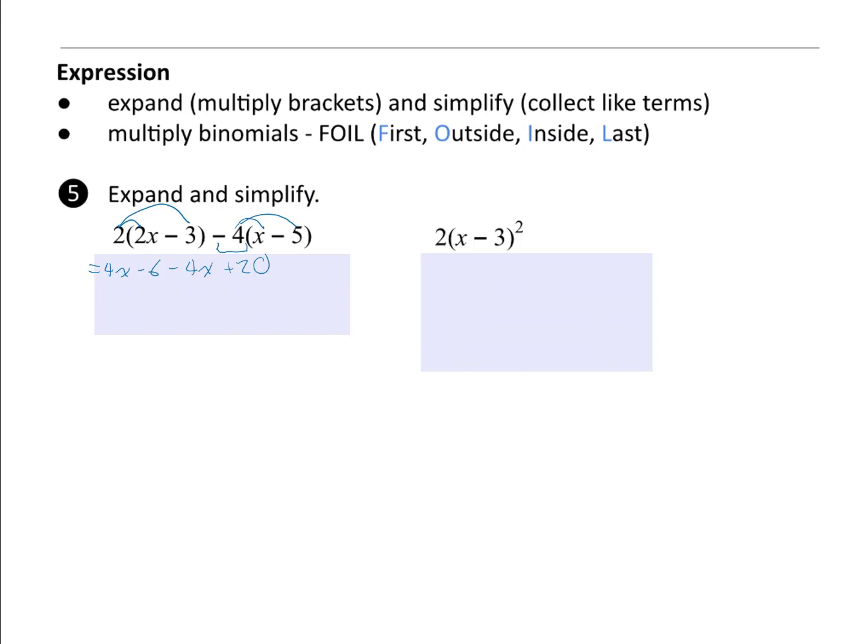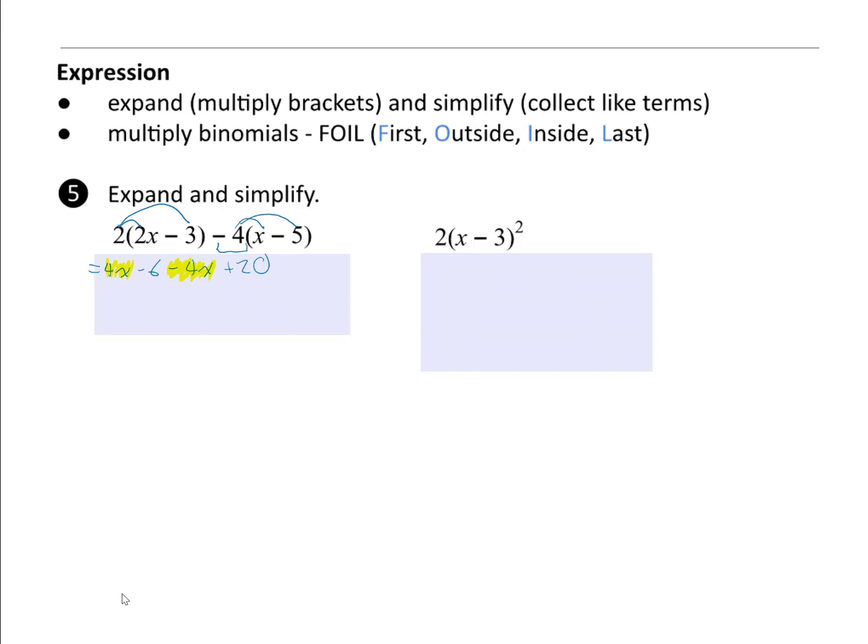Now we collect like terms. If you have multicolored pencils or highlighters, that might be useful. I'm going to use a highlighter, yellow, and I'm going to highlight my variables here. So I have my 4x and my negative 4x. The ones that aren't highlighted, I do have to collect like terms, but I'm not going to highlight them.